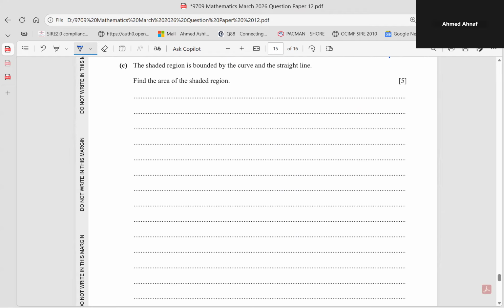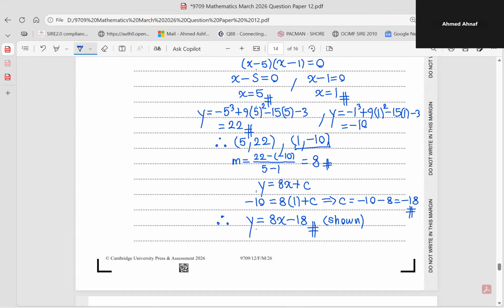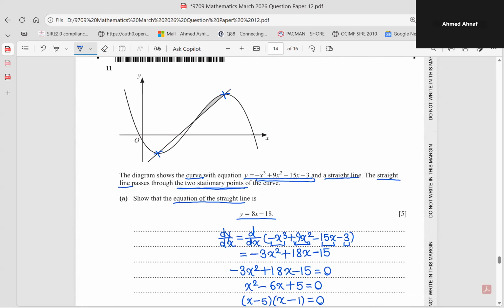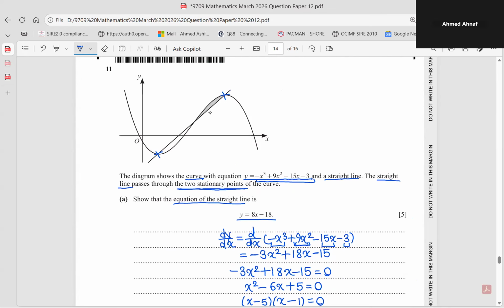All right, so for this part, we're told that the shaded region is bounded by the curve and the straight line, and we are told to find the area of the shaded region. So let's go back to our diagram and see what they're actually talking about. Yeah, so this is the shaded region.